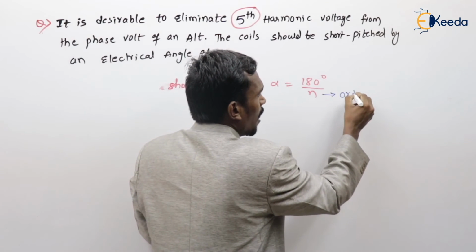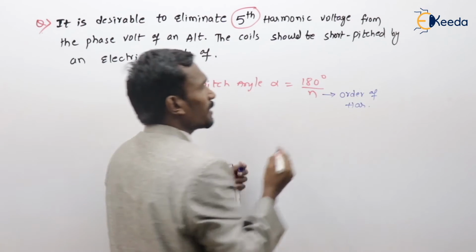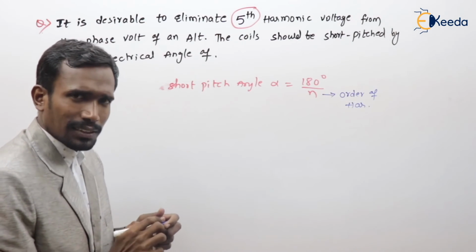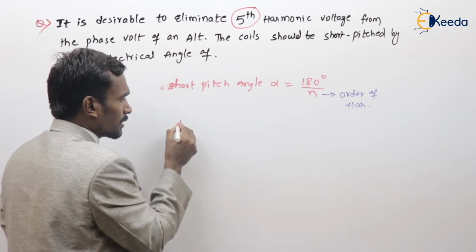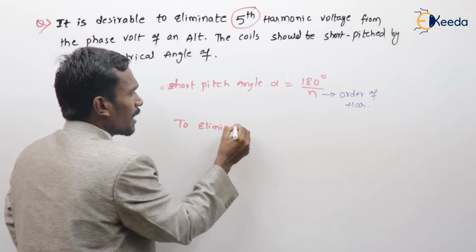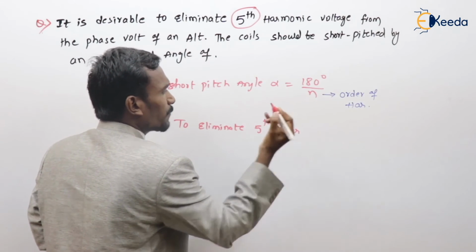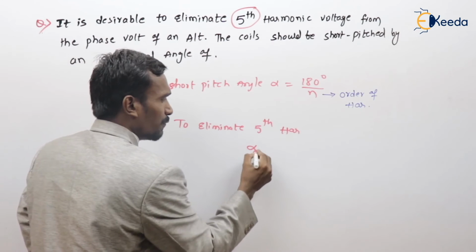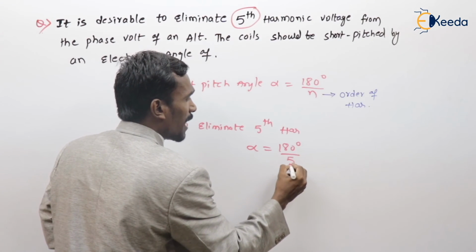Then, to eliminate fifth order harmonics, alpha is equal to 180 degrees by 5.